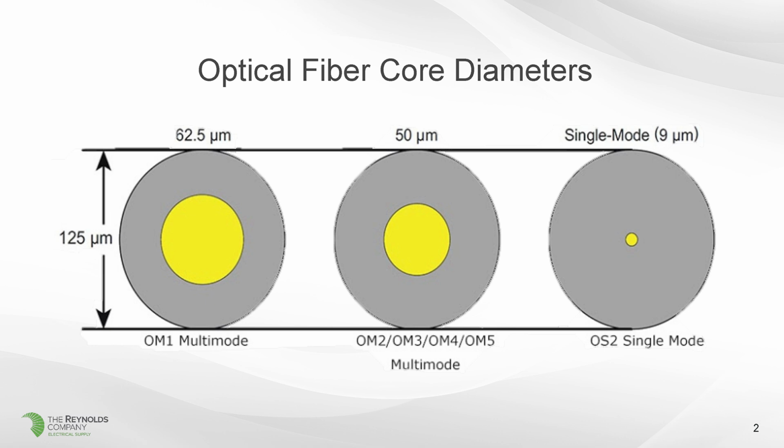Because the core of the multi-mode fiber is so big, we typically use LEDs or VCSEL lasers, which are a low-powered laser for transmission. On single-mode fiber, we typically will use strictly lasers on it.